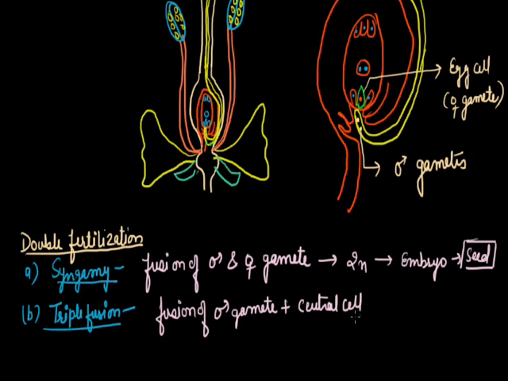The central cell is already a diploid cell that fuses with one haploid male gamete. Then you will get a 3N structure, and that 3N structure will develop into endosperm, which acts as the food reservoir for the developing embryo. This is the double fertilization where seed and endosperm both are formed.